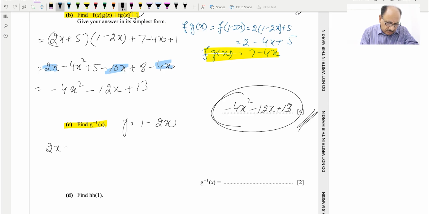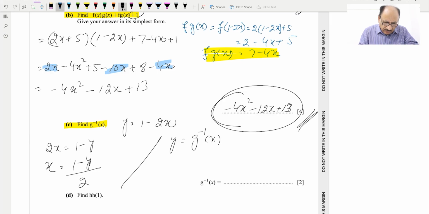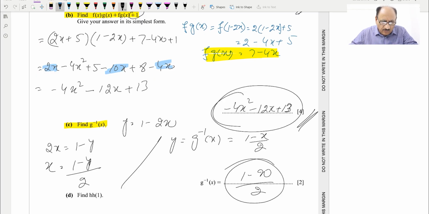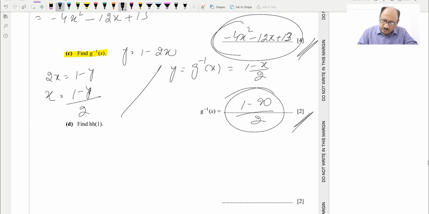So 2x will be equal to 1 minus y, and x is equal to 1 minus y over 2. And now we can swap x and y. So y, which is basically g inverse of x, is equal to 1 minus x over 2. So 1 minus x over 2 will be our final answer for this 2 marks.